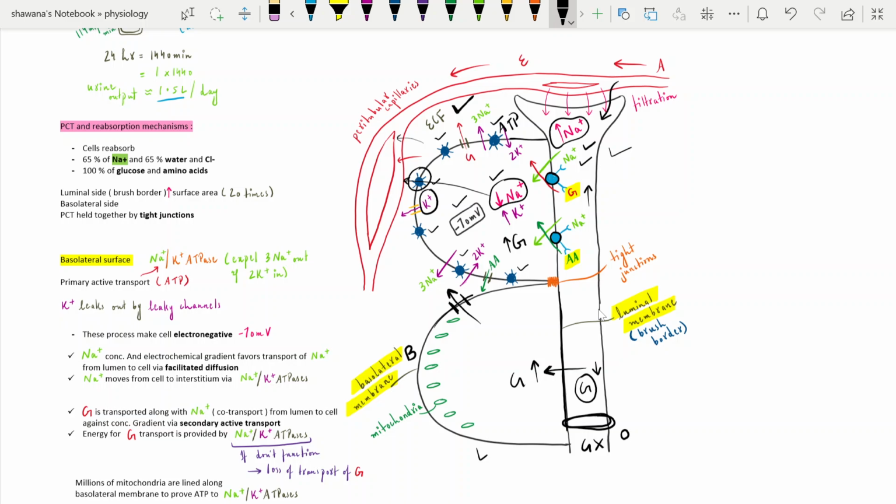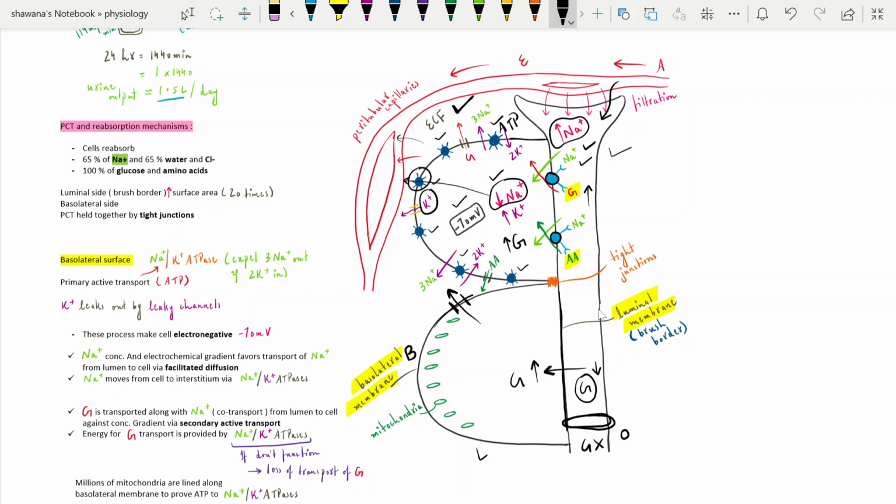But these transporters can also transport other substances along with the sodium. It's known as the sodium co-transport mechanism. First is the glucose and second is the amino acid. Glucose and amino acids are low in the lumen and they are high in the cell. They will move against their concentration gradient with the help of active transport, but it's the secondary active transport, because ATP is not being utilized here directly.